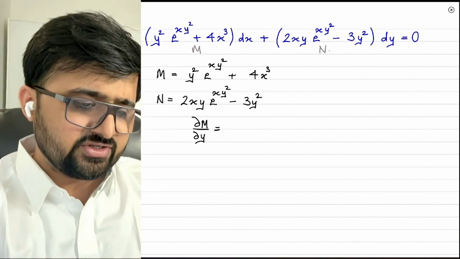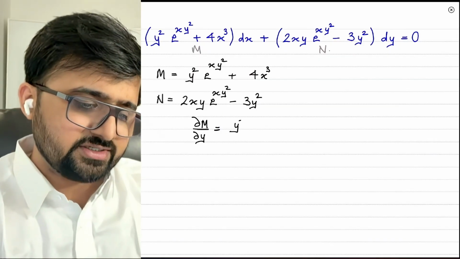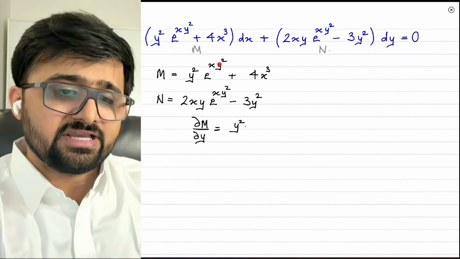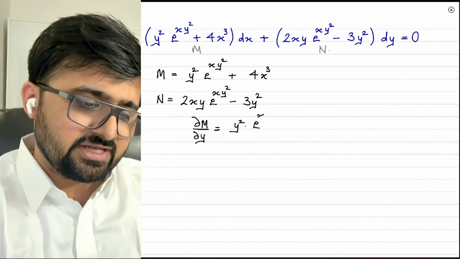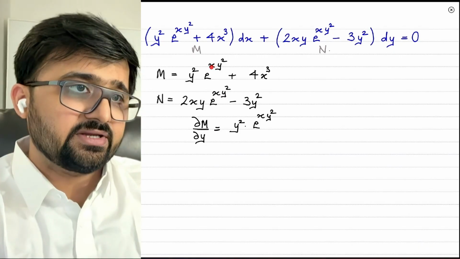In other words, in order to differentiate this, you first have to keep y square constant. Derivative of e to the power xy square is e to the power xy square into the derivative of xy square.